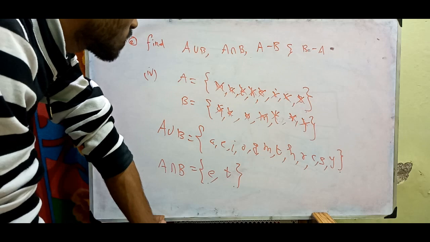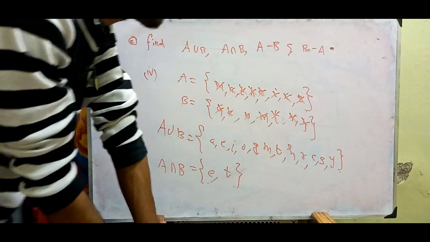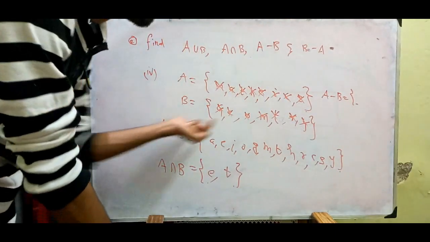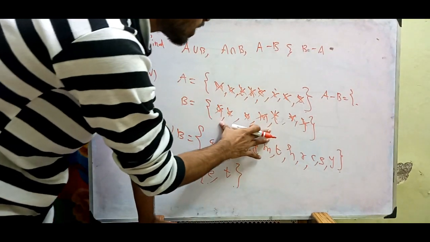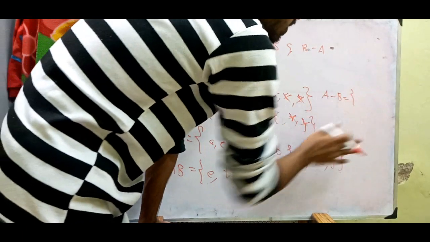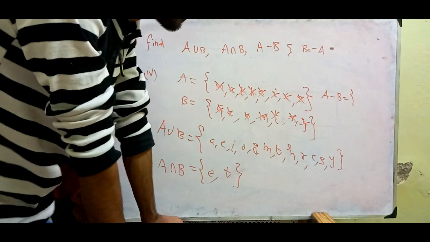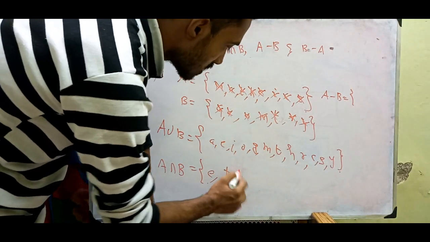A minus B is nothing but you have to cut the common elements. So removing all those B elements from A, only the remaining part of A remains in the set, which is called A minus B. Here M, yeah, I didn't mention M here, right?